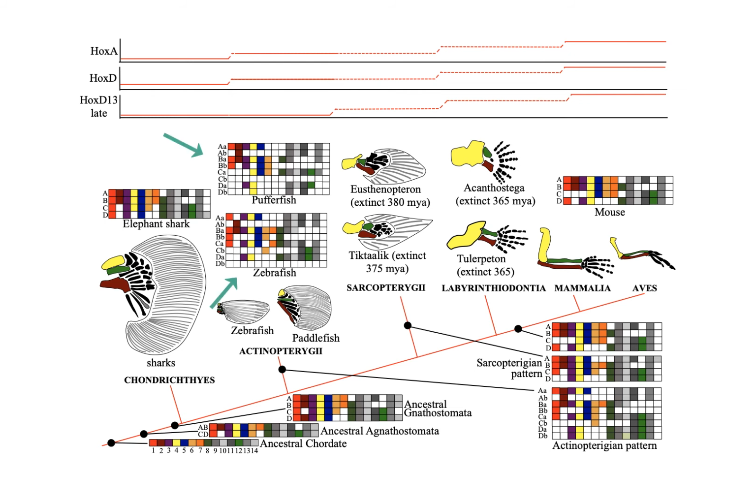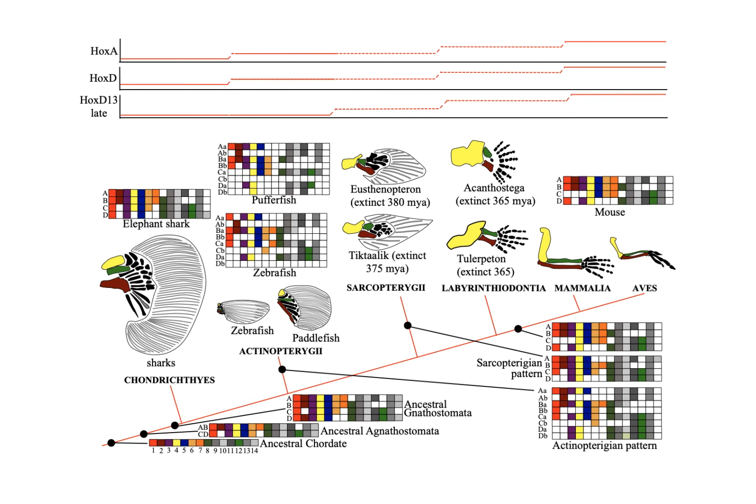And zebrafish and pufferfish actually have different versions of those. In one of the C loci is turned off completely, and in the other one, the D locus, one of the D loci is turned off completely.